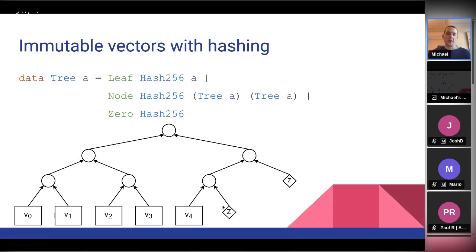We can just know that there's basically an empty space at this particular height, and we can pre-compute the hash of this subtree, and just know the hash of that when we're calculating the hash of its parent. So these zero nodes are an optimization that fills in the unexpanded parts of the tree. Okay.